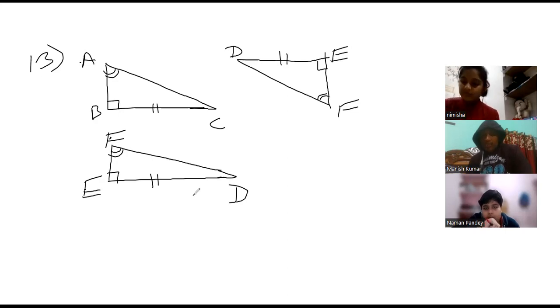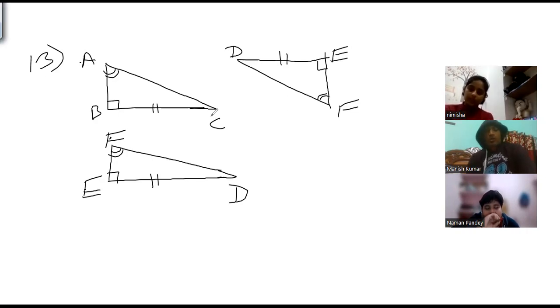It is written that by which congruency rule they will be congruent. ABC can't be congruent to FED. You are talking about triangles. It is asked that by which congruence is triangle ABC congruent to FED, isn't it?